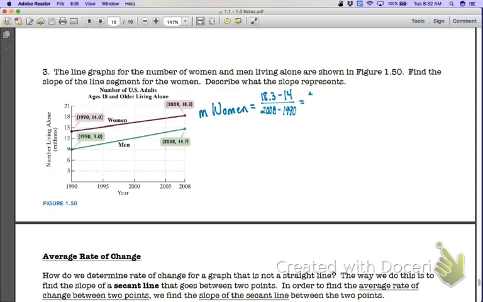So 4.3 over 18. Now I would just leave it this way and kind of go from there, then check the slope of my men.